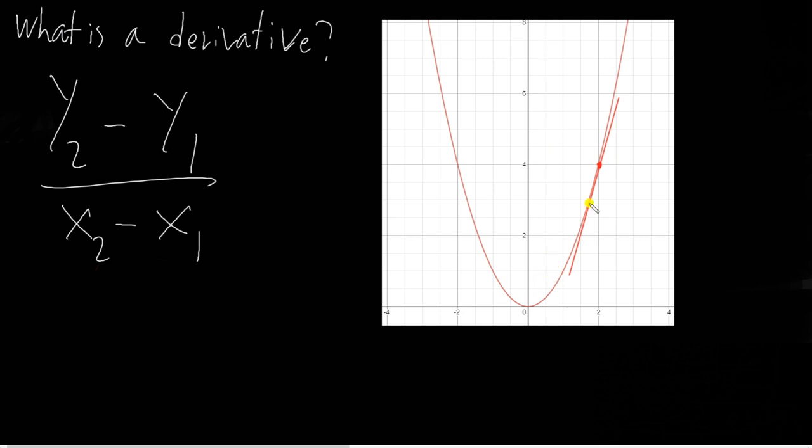We're going to first start by approximating the slope. So let's say I take this point here, and I take this point here, and then I draw another line. I'm going to say this line is an approximation of the tangent line. It's not exactly the same slope, but I'm trying to approximate it.